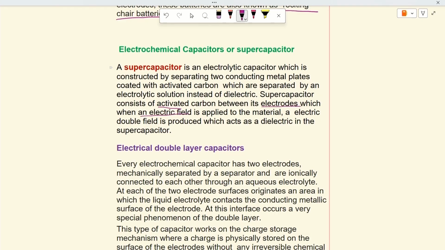When an electric field is applied, an electric double layer is formed at the interface of the supercapacitor and the dielectric. That is, you have a metal coated with activated carbon, and we have an electrolyte, and at this surface an electrical double layer is formed when we pass the current. It is not any chemical reaction. Just remember that in this type we do not have any chemical reaction.